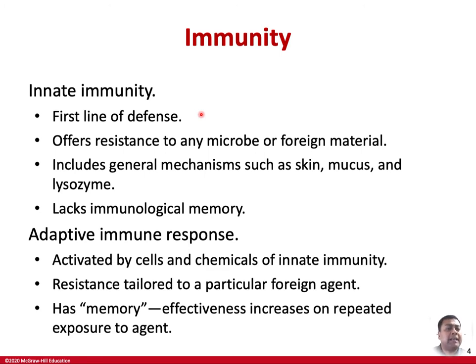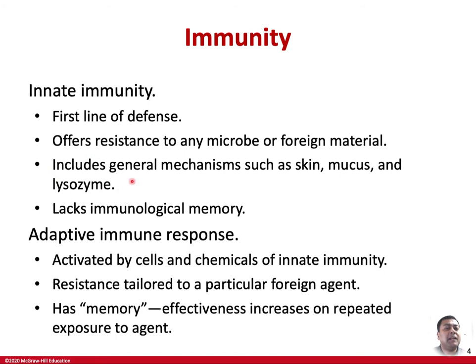On the other hand, the adaptive immune response is activated by the cells and chemicals of the innate immunity, and the resistance is tailored to a particular foreign agent. So what we mean by that: activated by the cells or chemicals of innate immunity. Your innate immunity contains a first line of defense, which are physical or chemical barriers.